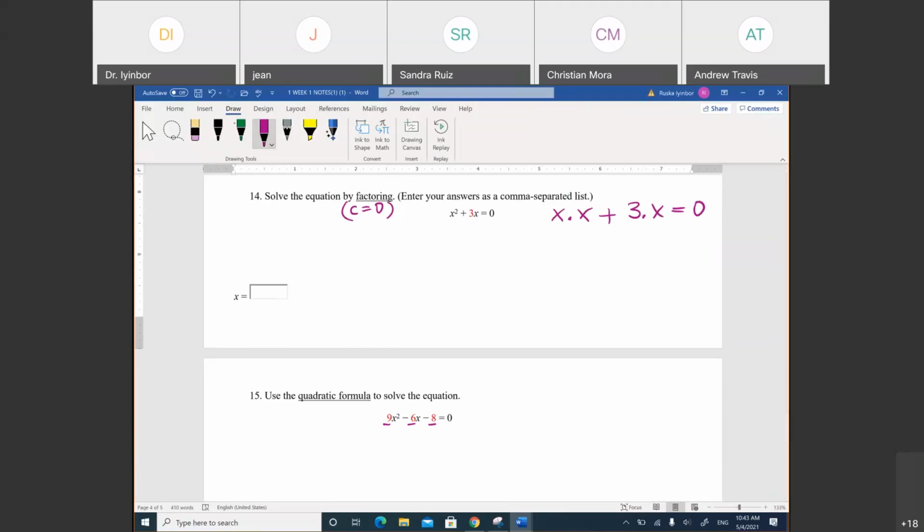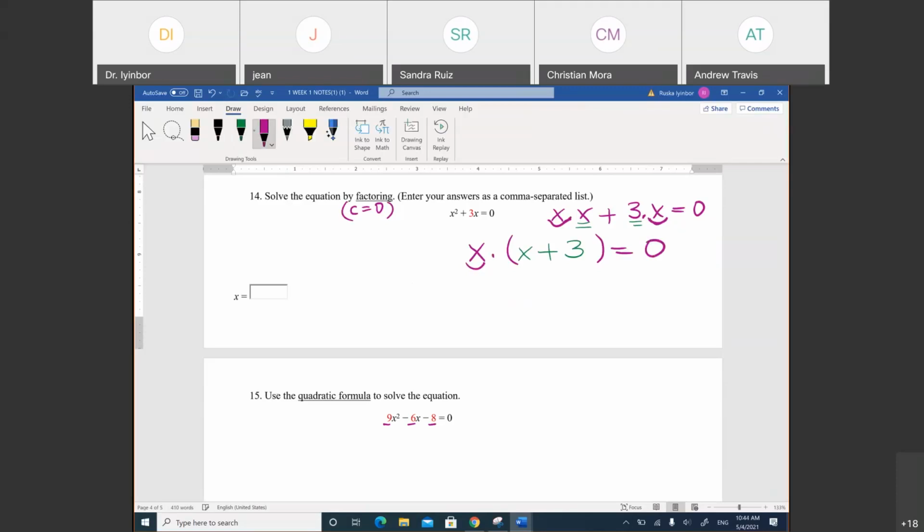So I have x times x plus 3 times x equals 0. Both of those terms have an x, so you're going to factor out that x in front, and then in parentheses put what is left. What is left? x plus 3 is left, right?